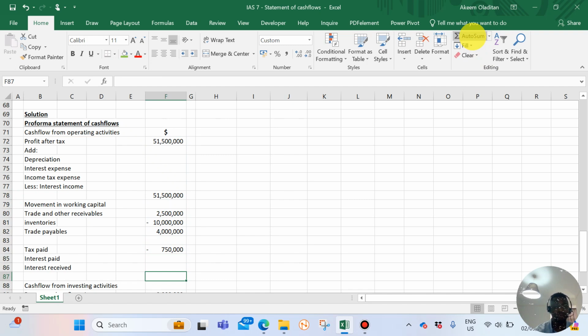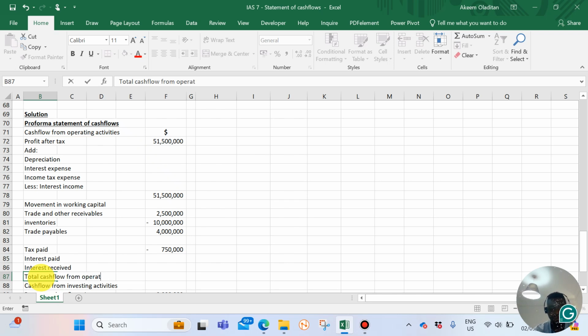So total cash flow from operating activities. So sum all of them from here down. Yes.